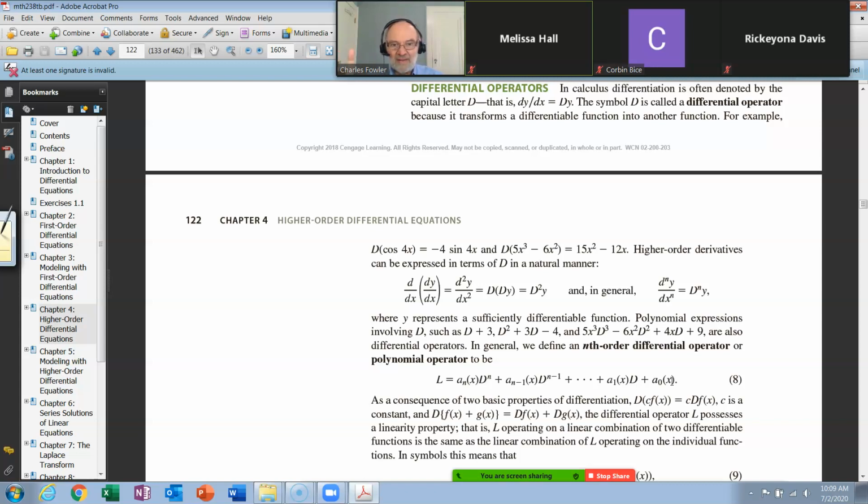Notice they call it a linear operator. It's linear in the D's, because remember that the n's here don't stand for powers, they stand for the nth derivative, the n minus first derivative, and so on.